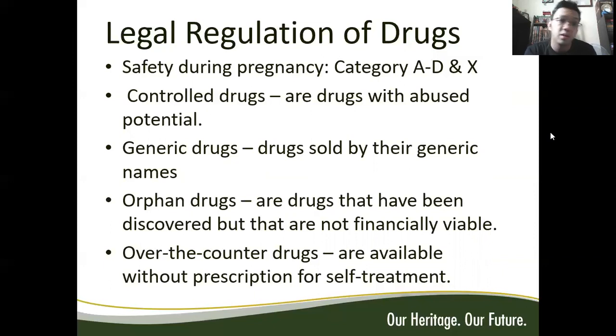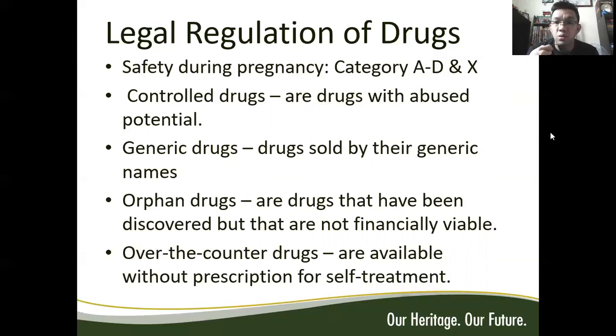I'm going to discuss that in our next lecture, including safety during pregnancy, because we have different categories of drug safety that can be used during pregnancy. For example, if the drug is labeled as category X, it is highly teratogenic and it can cause harm or disfigurement in the fetus, or even miscarriage or abortion.